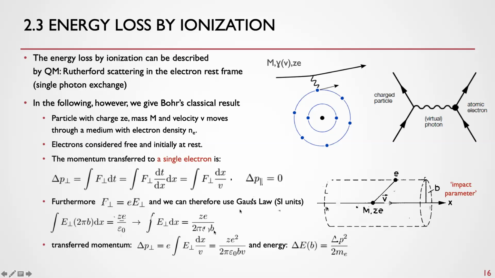So if we are close, this integral of the transverse component is very large. If you're far away, it is much lower. We can use this to compute the transferred momentum. We can simply insert this integral here and assume that the velocity is constant in the process.